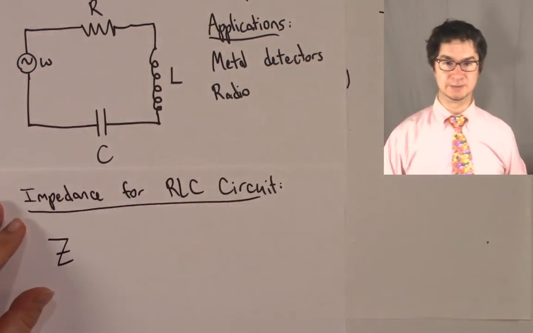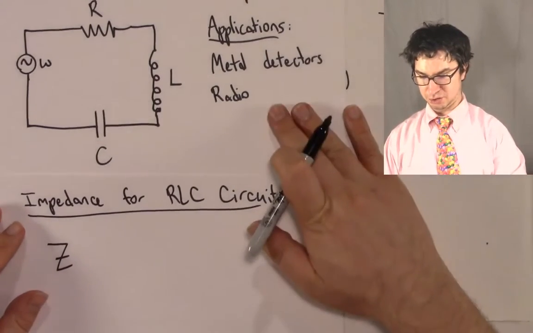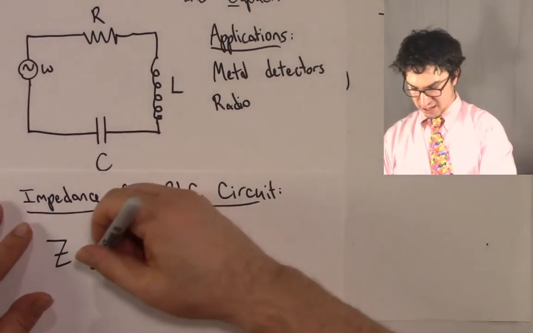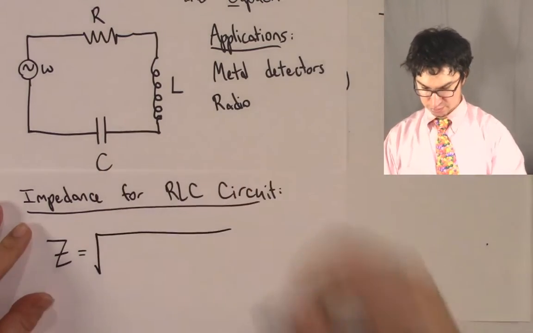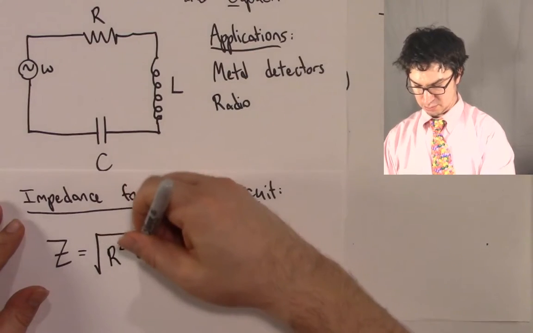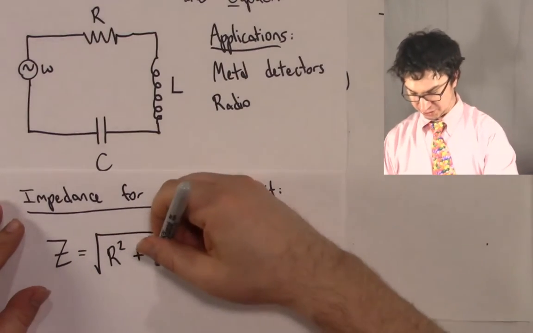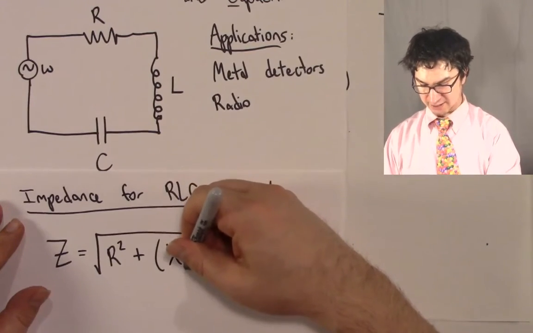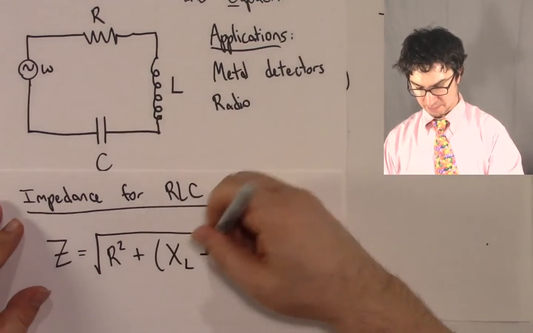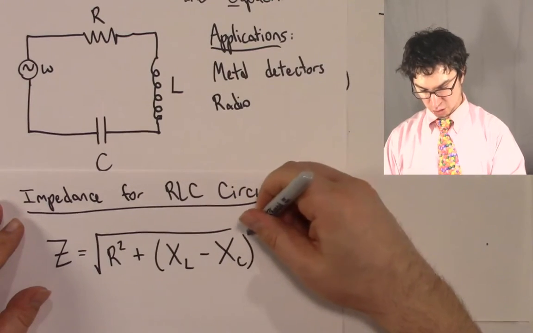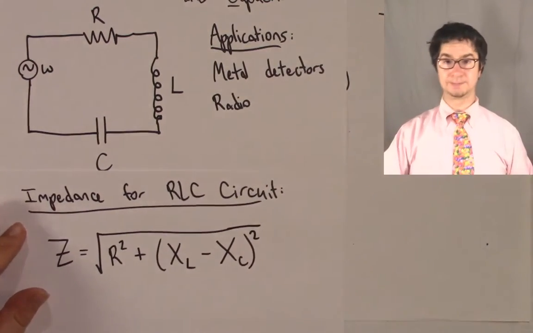Z is the impedance, and it's going to equal the square root of R squared plus, in parentheses, the inductive reactance X sub L minus the capacitive reactance X sub C, close parentheses, squared.